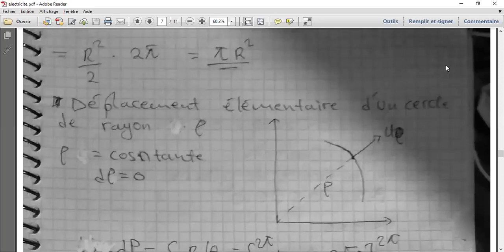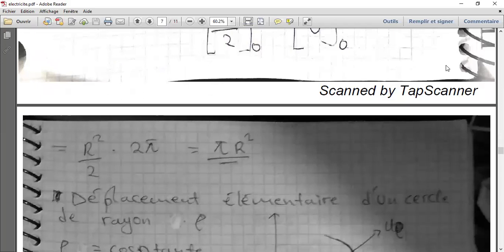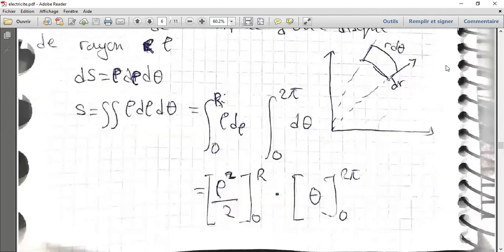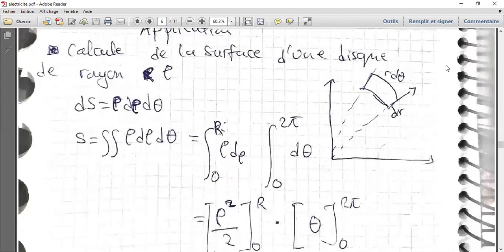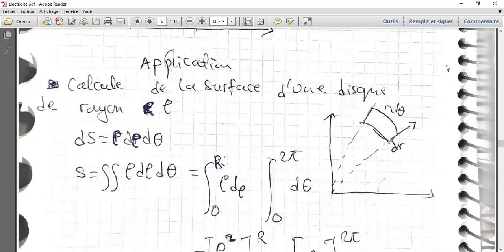You meant this one, where it gives you pi r squared? Yes. So you want me to explain how you come about it? Yes, like how you come about it.